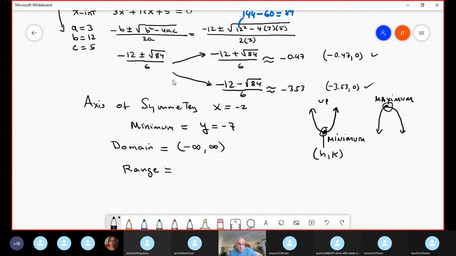However, the range is not. The range goes from -7, which is the minimum, including -7, to positive infinity because the parabola opens up. So basically, it is from this to this. A different situation happens when the parabola opens down: it is from minus infinity to the k value.